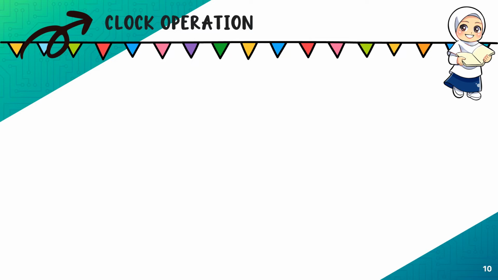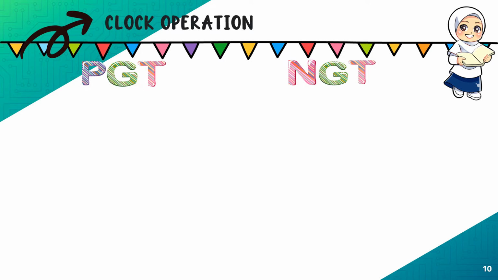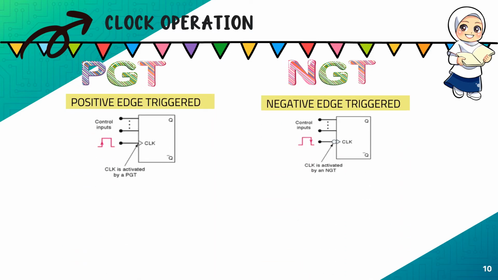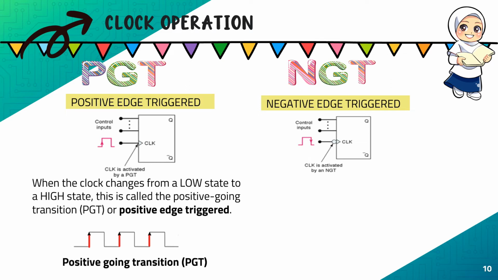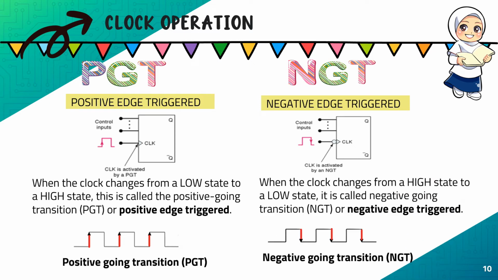As we know, there are two types of clock operation, which are positive edge trigger and negative edge trigger. In PGT, the clock is activated by a positive-going transition, but in NGT, the clock is activated by a negative-going transition. For PGT, when the clock changes from a low state to a high state, this is called the positive edge transition or positive edge trigger.